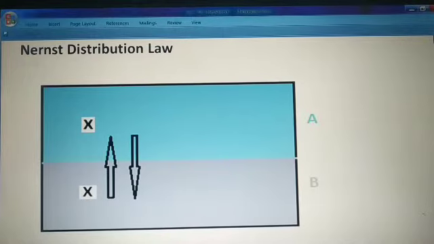It may be more soluble in one solvent, less soluble in the other solvent. So the solute distributes itself between the two phases as per its solubility in the concerned phases.